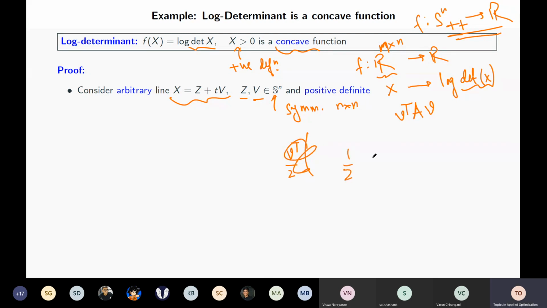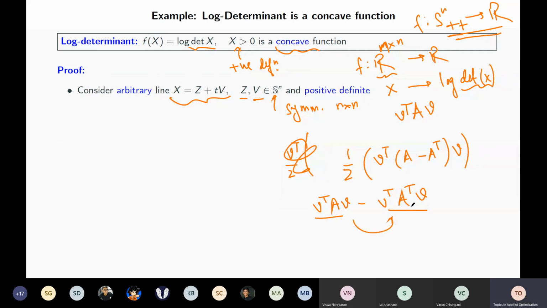So half, and then V transpose A minus A transpose V. So this is like V transpose AV minus V transpose A transpose V. But these are the same number, right? Because this is a number and this is the transpose of the number. So it's the same number. They get cancelled, right? So this is why.